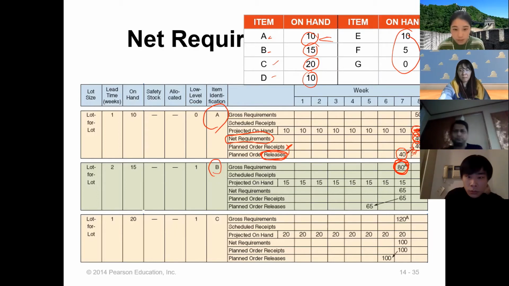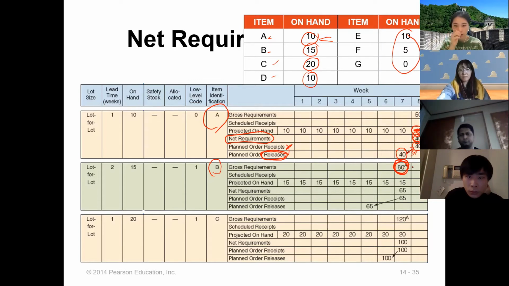If I do not have 10 here, then what becomes here is 50, right? The net requirement is 50. So 2B for 1A, how many units is this going to be? How many parts? 120?